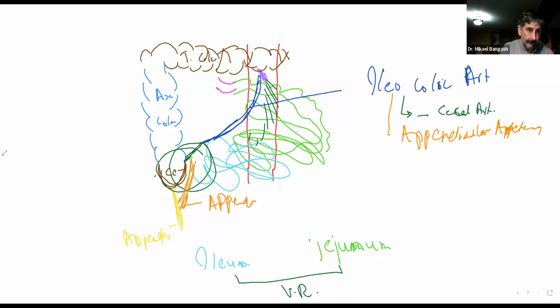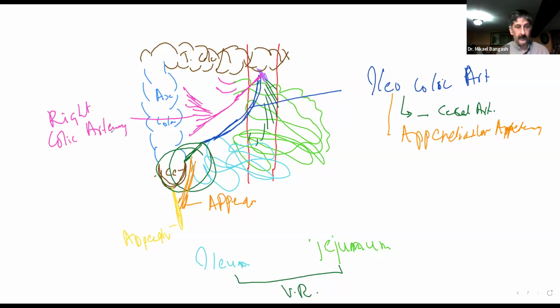Now, the other branch of your superior mesenteric artery is mainly going to be what we can call the right colic artery.